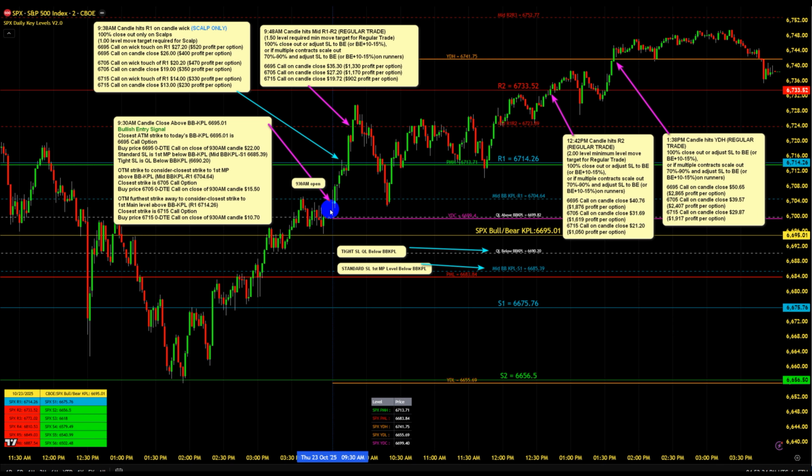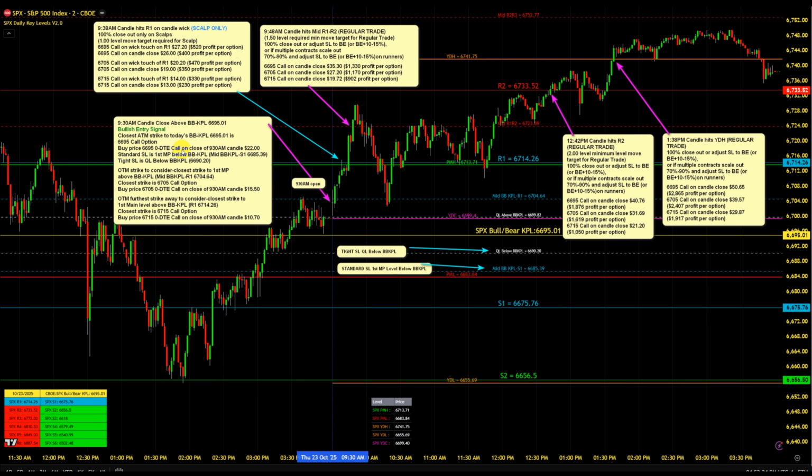Because this candle could have very well opened up here, crossed below, and closed below, and then you'd be looking at a bearish trade. So if you just bought it on the open, did not wait for the close, and it ended up going down here and you're already stuck with a call, then you're doing yourself a disservice. So it's best to wait for confirmation with the close on the candle.